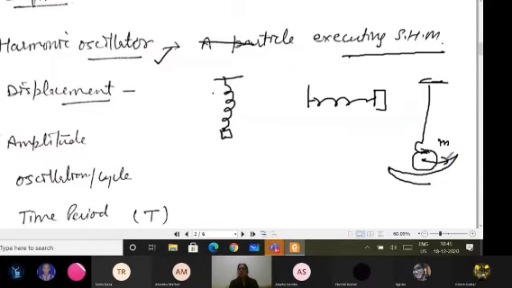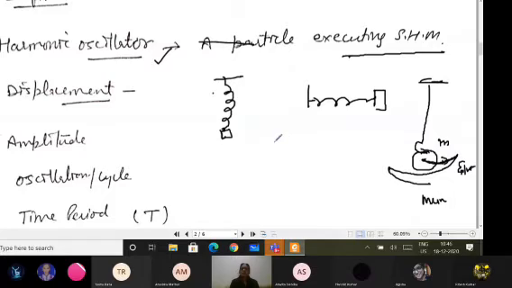If I am talking about its displacement at any instant of time along the x-axis, I will write that displacement as x. And the maximum displacement from the mean position to the extreme position is your amplitude.